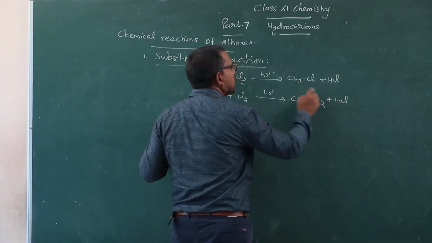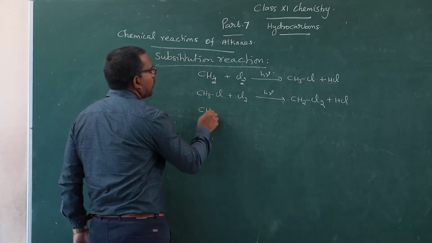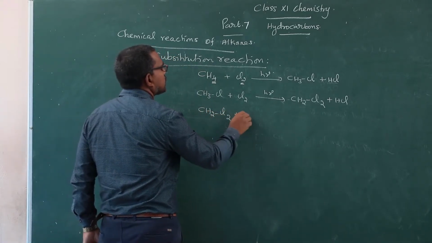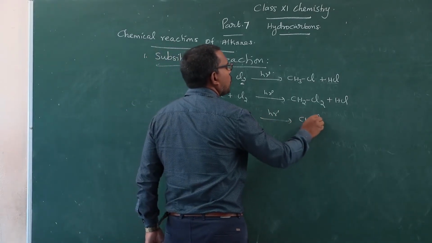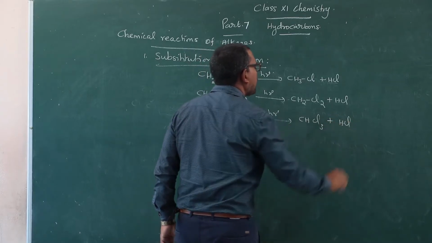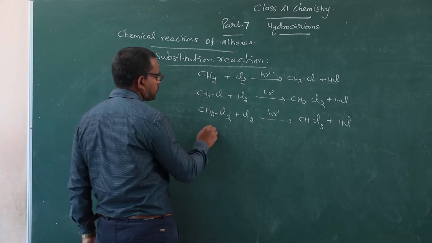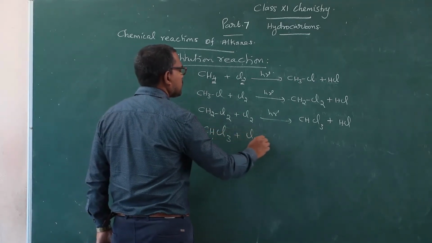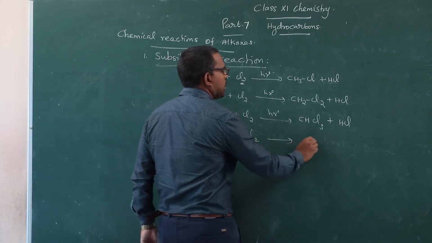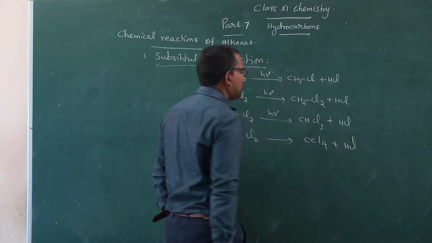CH2Cl2 and HCl. Methylene chloride reacts with chlorine in the presence of sunlight and gives chloroform and hydrochloric acid. Chloroform reacts with chlorine, gives carbon tetrachloride and hydrochloric acid.